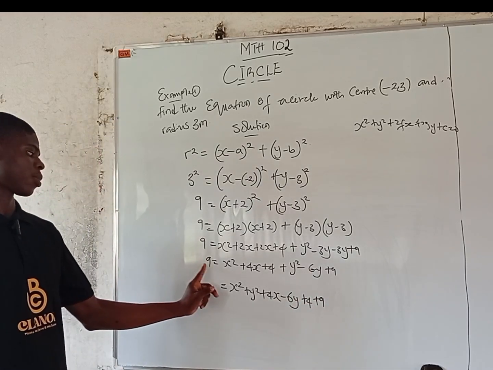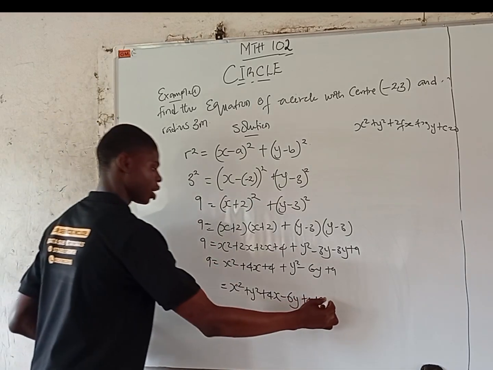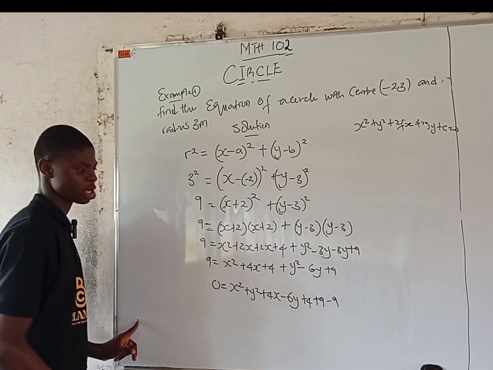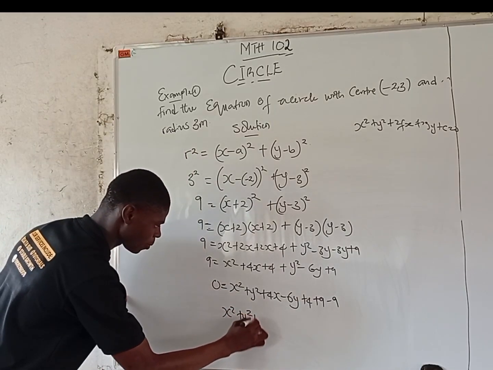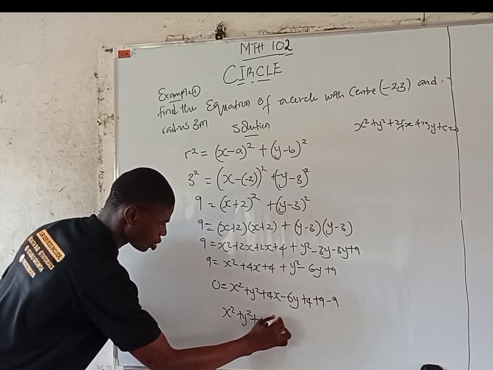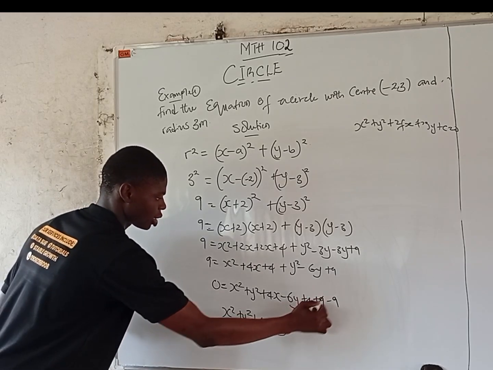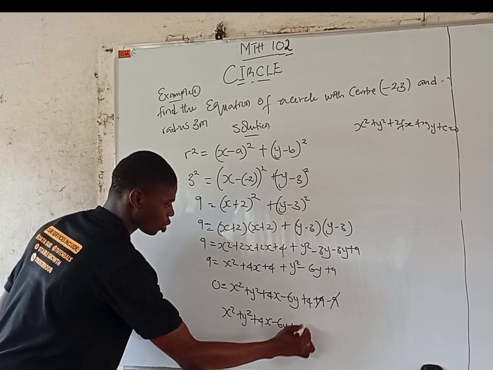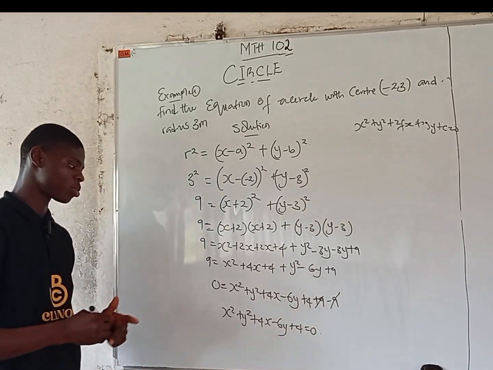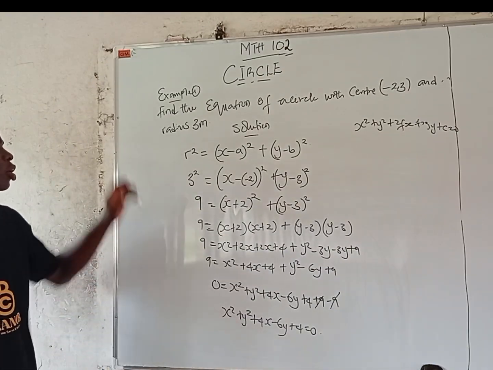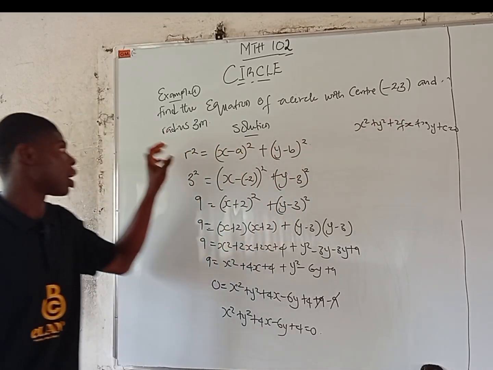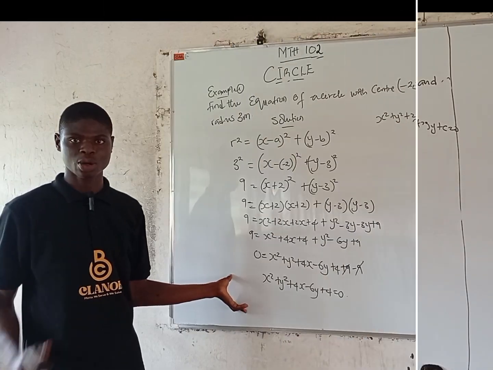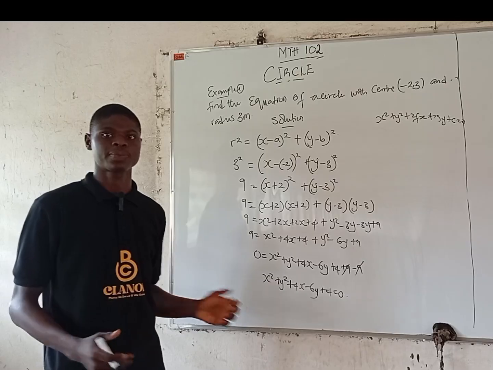And if you're bringing your positive 9 this way, you have negative 9, which becomes 0. So all you have now is x squared plus y squared plus 4x minus 6y, plus 4 equals 0. So this becomes the general form, or the equation of a cycle, which has the center minus 2, 3 and radius 3 meters. Hope you learned something.